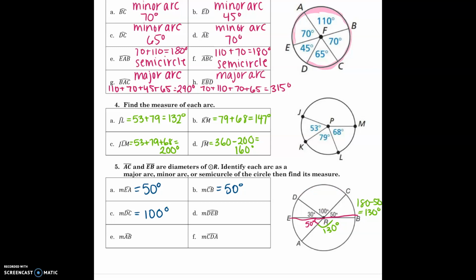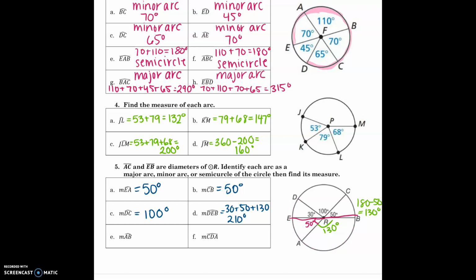Next we have DEB, so we're going to start at D, go through E, and swing all the way around to B. Here we're going to add up all of our minor arcs to find the measure of our major arc. So we have 30 plus 50 plus 130, which equals 210 degrees.